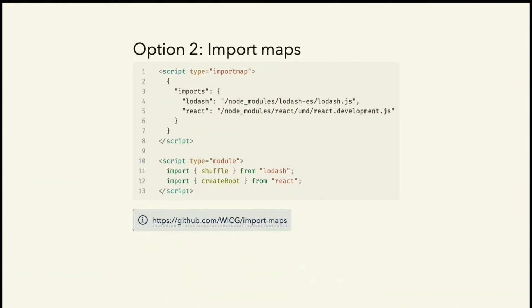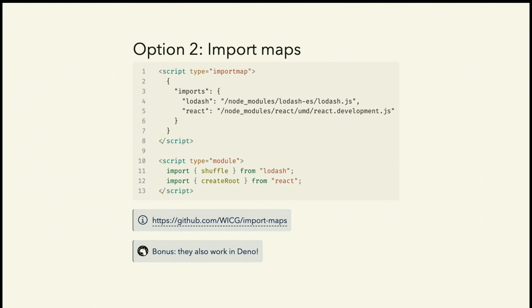Or you can use import maps. That guy's going to tell you about import maps. But essentially, you tell the browser what to look for. So when you say import shuffle from Lodash, you tell it this is where Lodash is, or React. This is the path to it, and it's pretty cool. It's that easy, and it's supported in Deno as well.